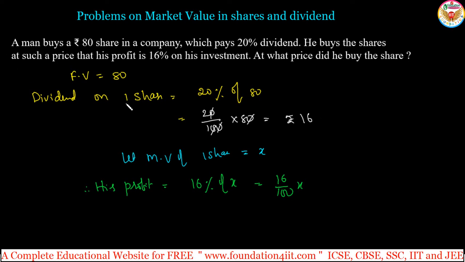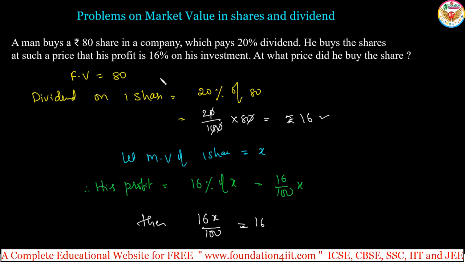So the dividend on one share, the profit, is 16 rupees. According to the condition, 16X by 100 is equal to 16, because the profit on one share is rupees 16, where X is the market value of one share and 16% is the return on his investment.